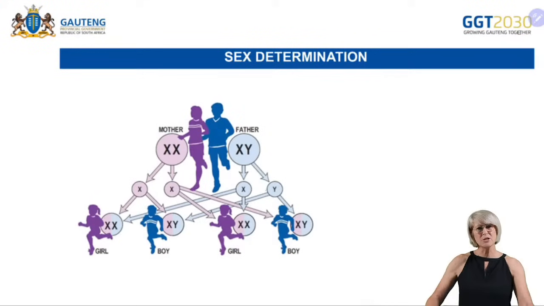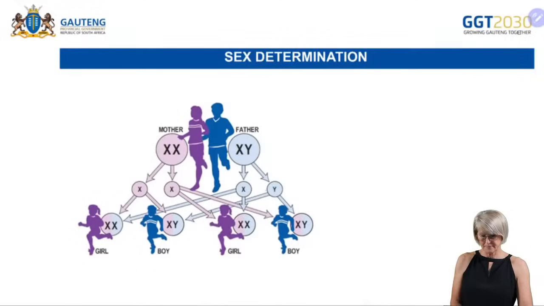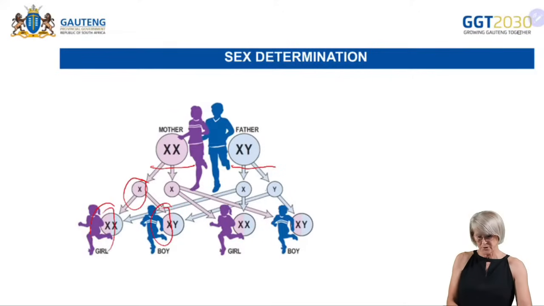Then when we do a genetics cross, we can see the mother has two X chromosomes, and the father has an X and a Y. Remember, when meiosis occurs, they separate out, and the mother can give all her offspring the X. So she will give the X to all her offspring, as you can see there.